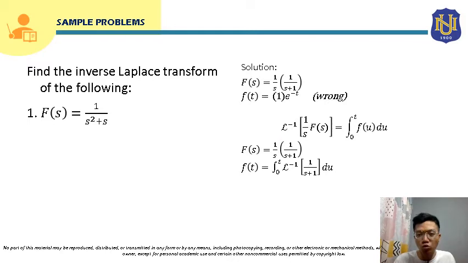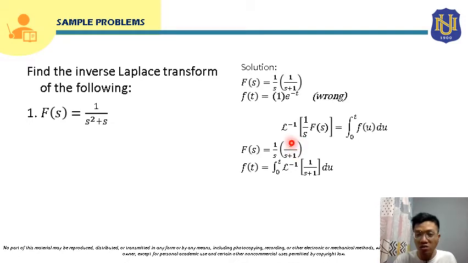So what we're going to do here is rewrite this to this. This is just equivalent to this. So we write the integral of f of u, where f of u is the inverse Laplace transform of this F of s. In this case, our F of s here is 1 over s plus 1.